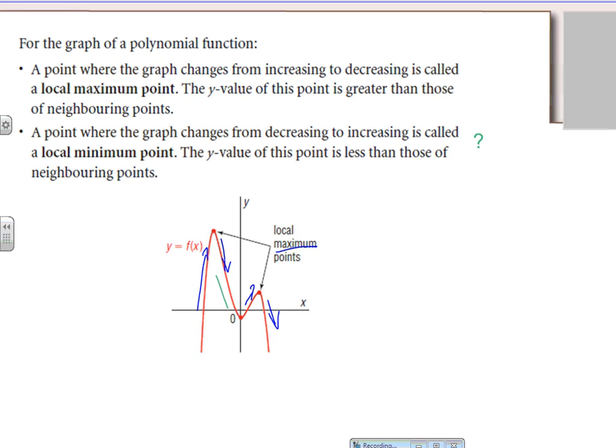If it's going from decreasing to increasing, then that is your minimum, a local minimum. And then we call the one that's the absolute highest point an absolute maximum as well as a local maximum.